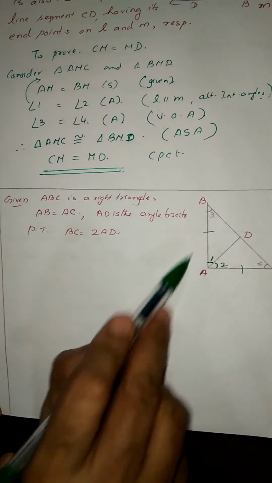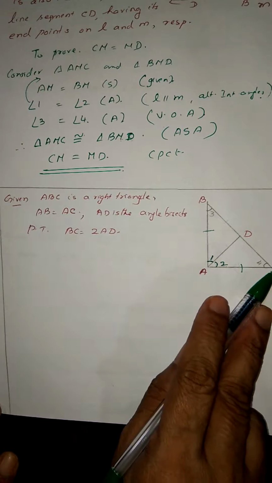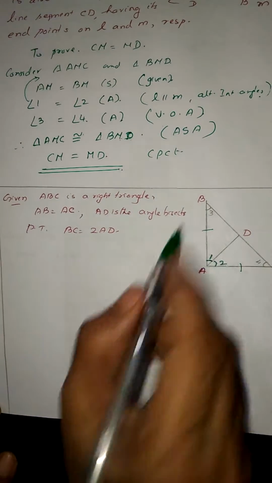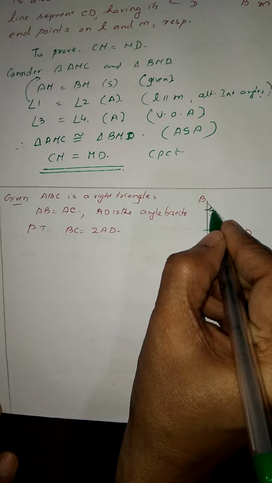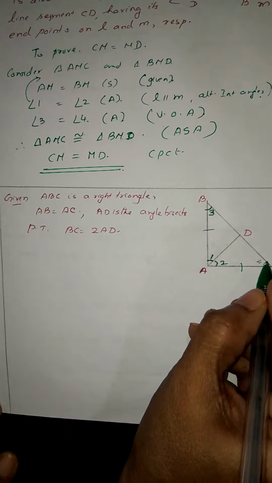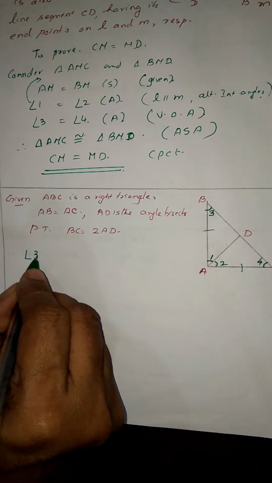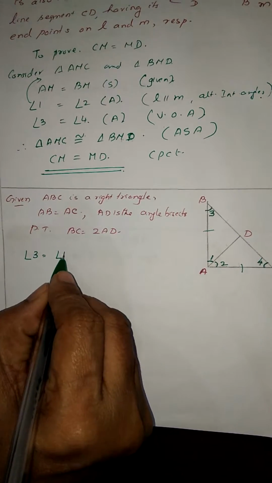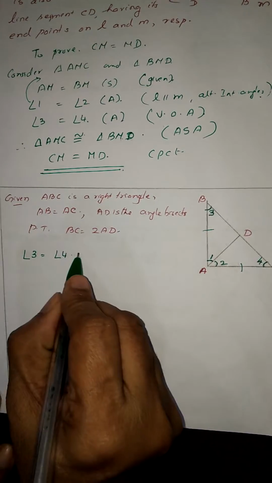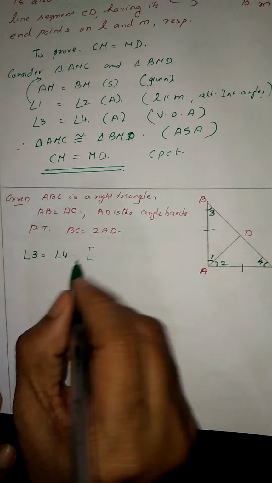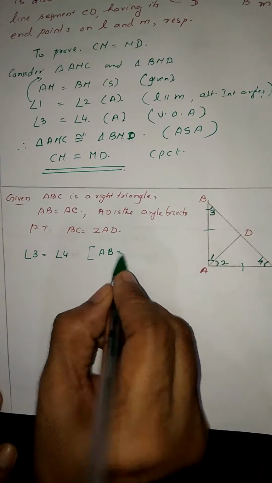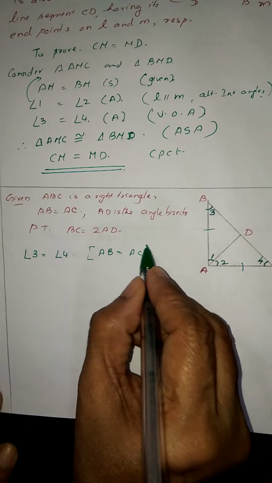Now since AB is equal to AC, we can say angle 3 is equal to angle 4. So this is angle 3 and this is angle 4. The reason is AB is equal to AC.